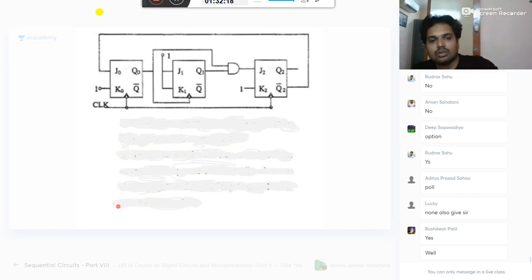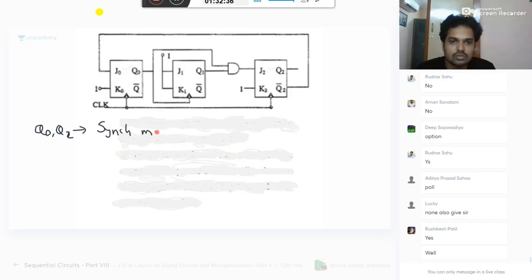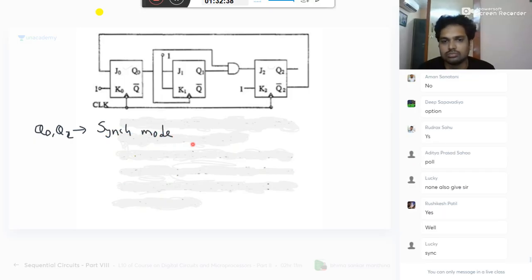Okay. Listen here. Here, what I can say is Q0 and not Q1, Q2 are connected in synchronous mode. So Q1 is in asynchronous mode.